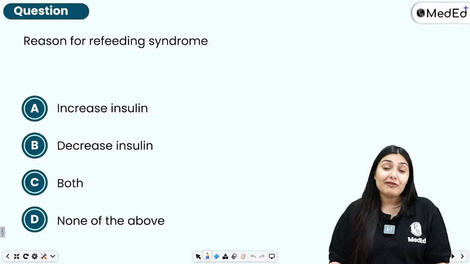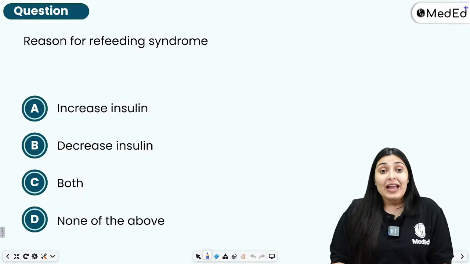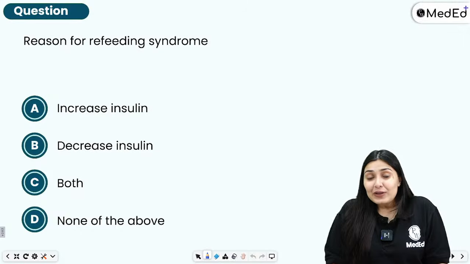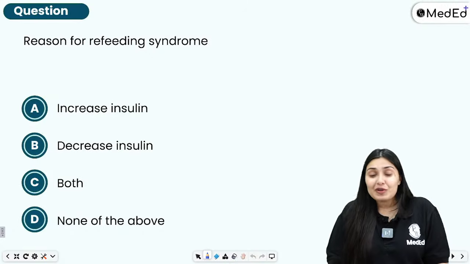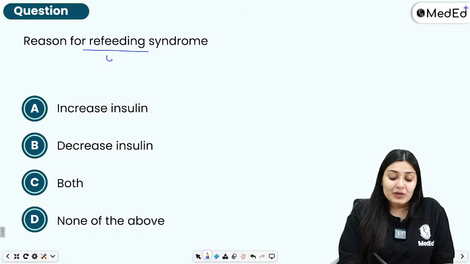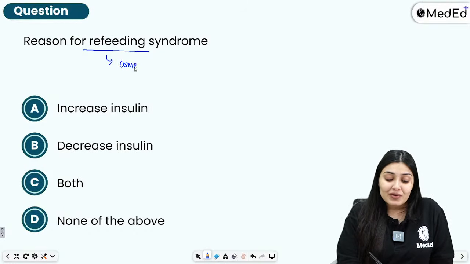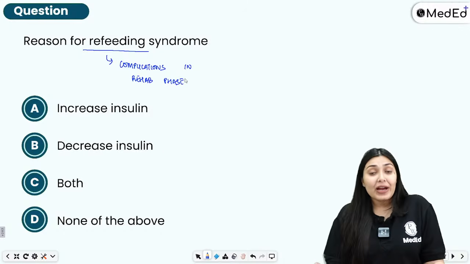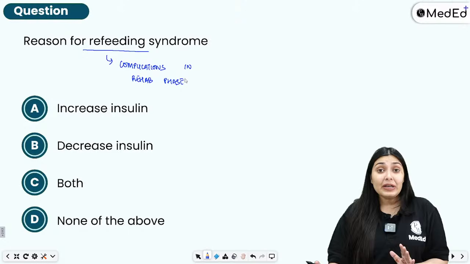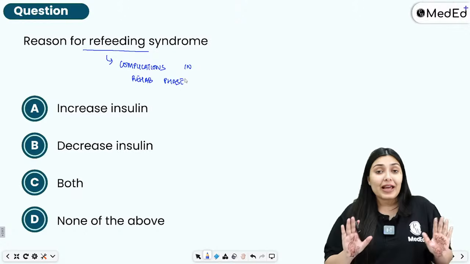Reason for refeeding syndrome. Options are increase in the insulin, decrease in the insulin, both, none of the above. So what is refeeding syndrome? Refeeding syndrome is one of the complications that we see in the rehabilitation phase. Whenever we are managing a SAM child, we have two phases in the management. In the first phase, we stabilize the child.